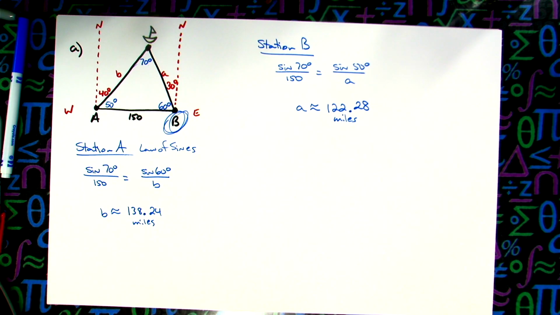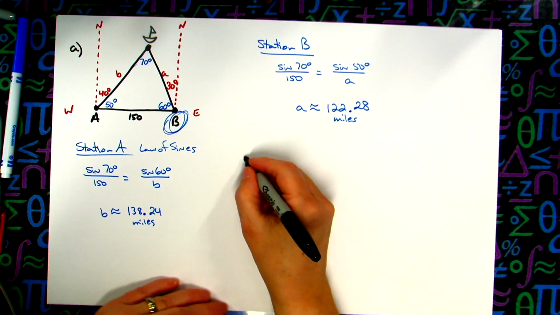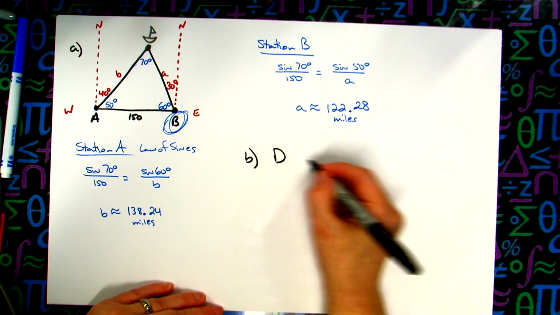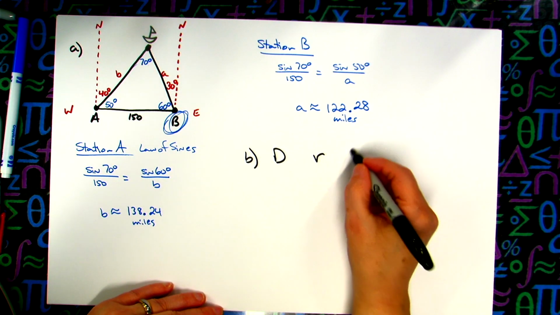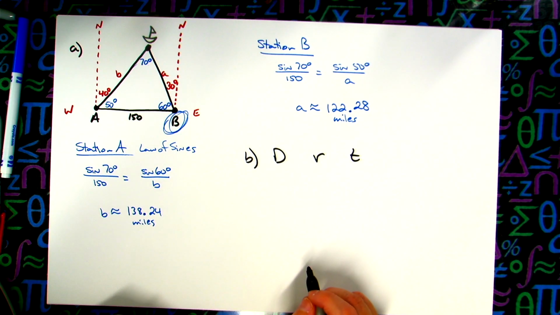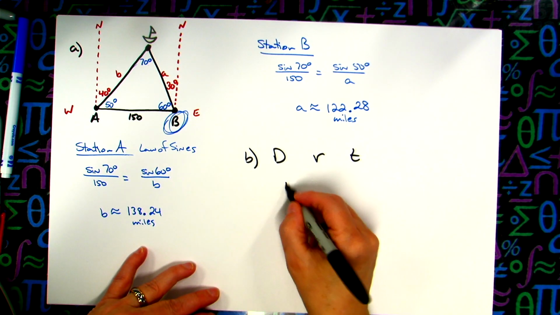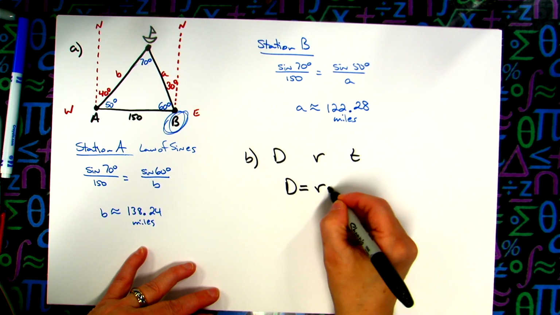I've got a distance, I've got a rate, I've got a time. Has anybody shown you distance equals rate times time?